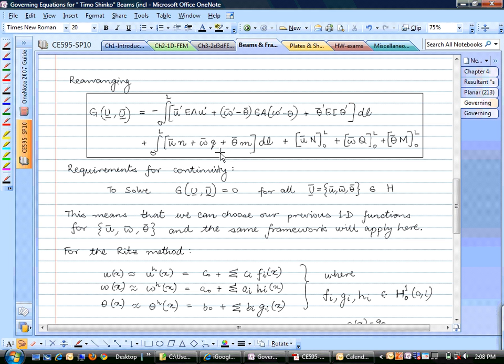So what space of functions should this u bar belong to? Do you remember how we decided for the one-dimensional case which space it belongs to?